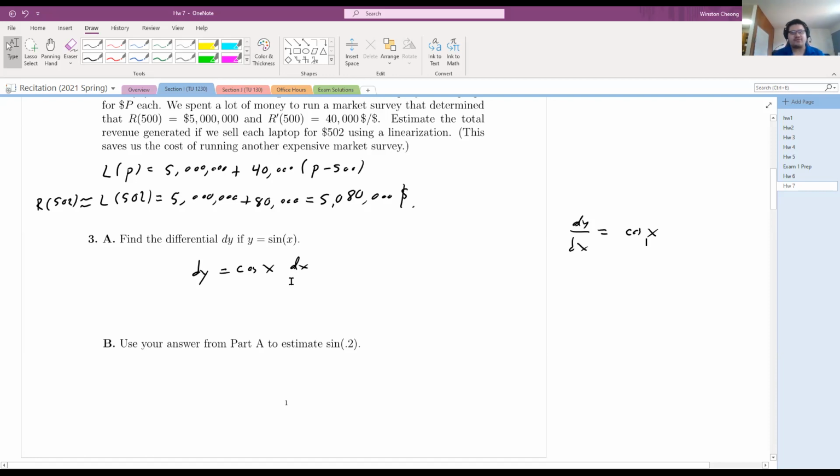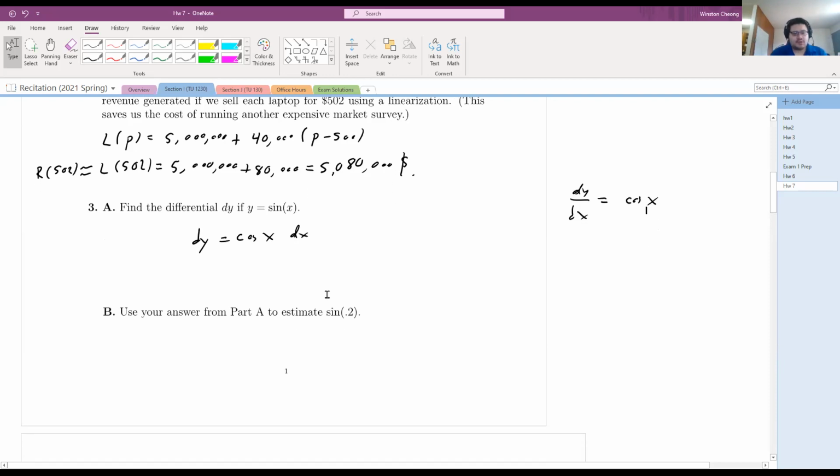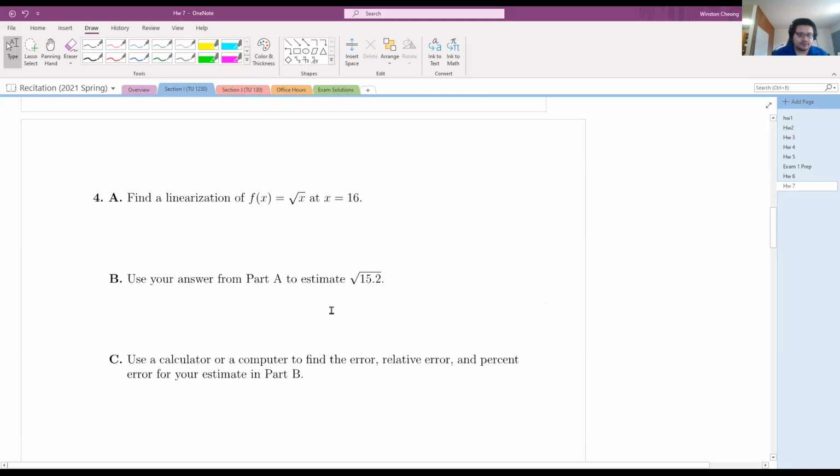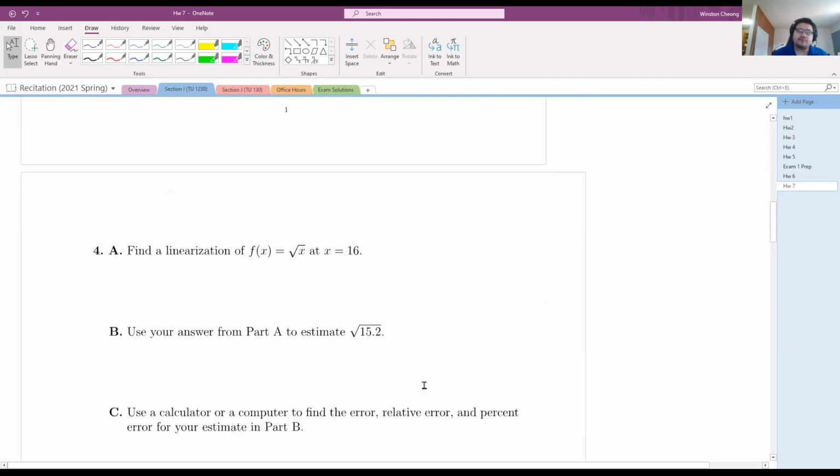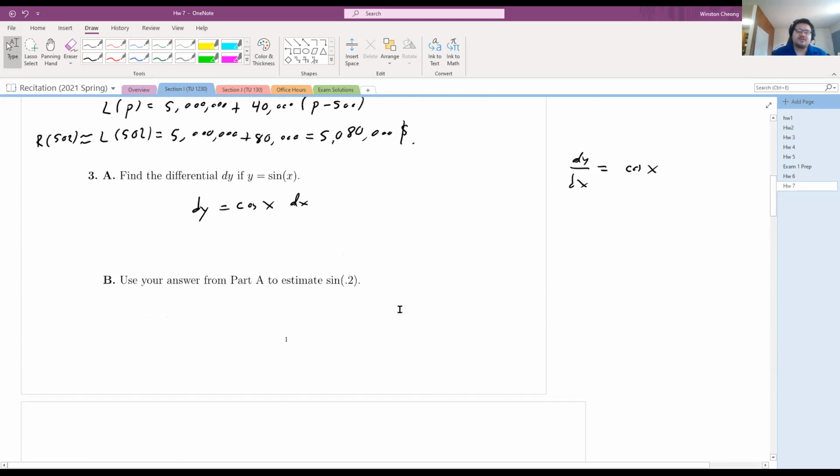This is a way of approximating error in a linear sense, because you can always compare it against the actual, which is what we will do very soon with error. So these things that involve differentials assume that our rate of change is linear. That's why we are doing linear approximation in this section.